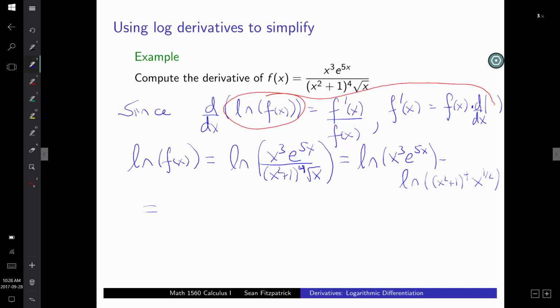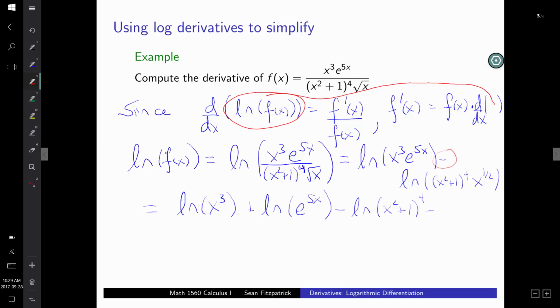Okay, so now I can simplify a bit further. I can take the product, right? So I have the natural log of x cubed plus the natural log of e to the 5x minus the natural log of x squared plus 1 to the 4th minus, that minus sign carries through, right?